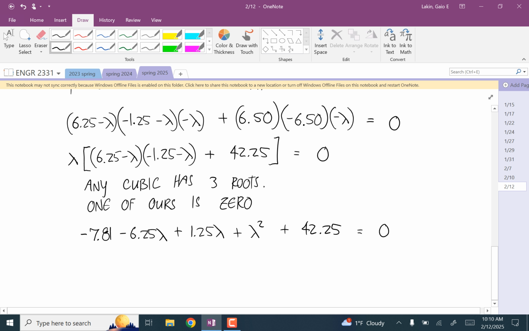And so we have lambda squared minus 5 lambda plus 34.44 is equal to 0.